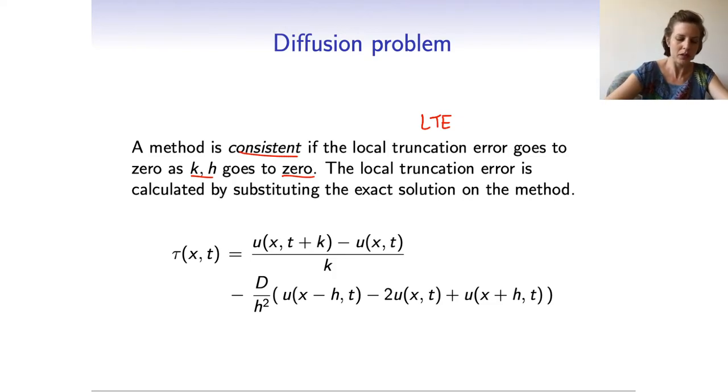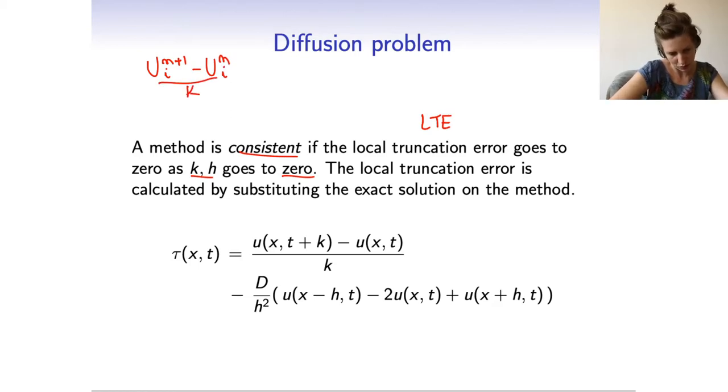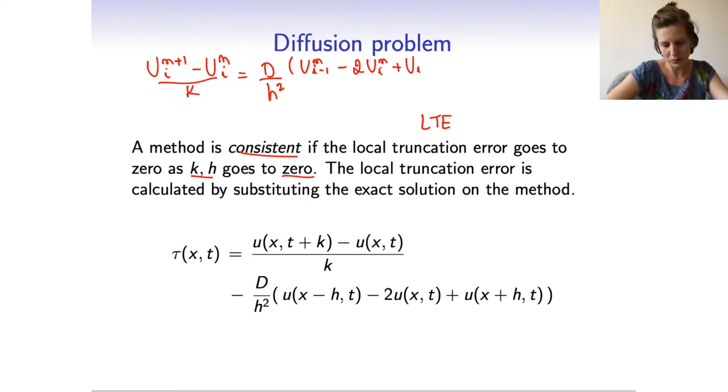So remember, the method that we had before was this one, equal to D over h square, and here is like ui minus 1 minus 2 ui plus ui plus 1.